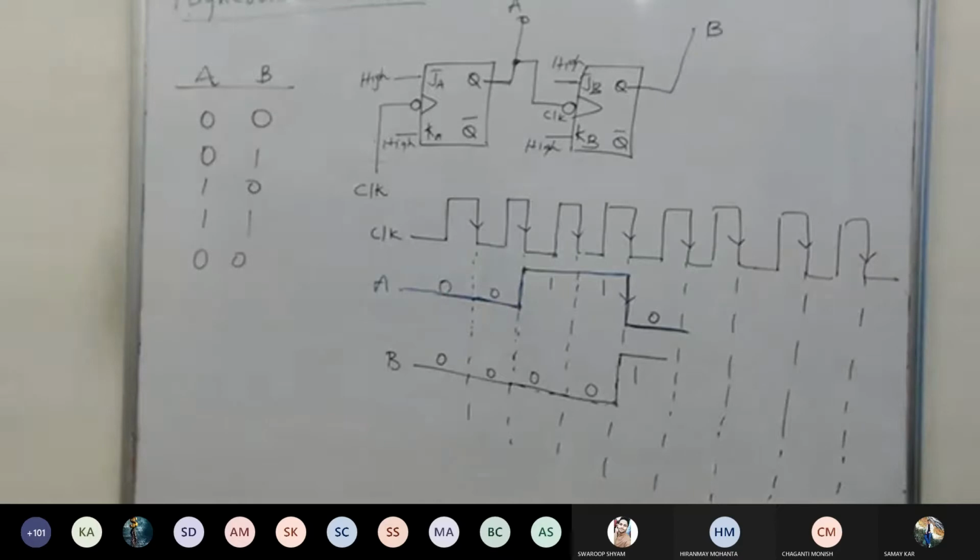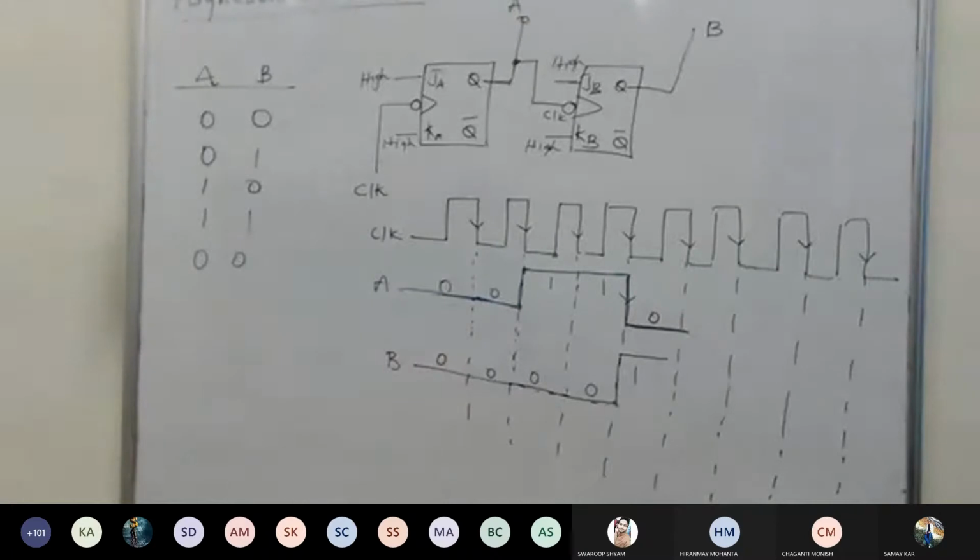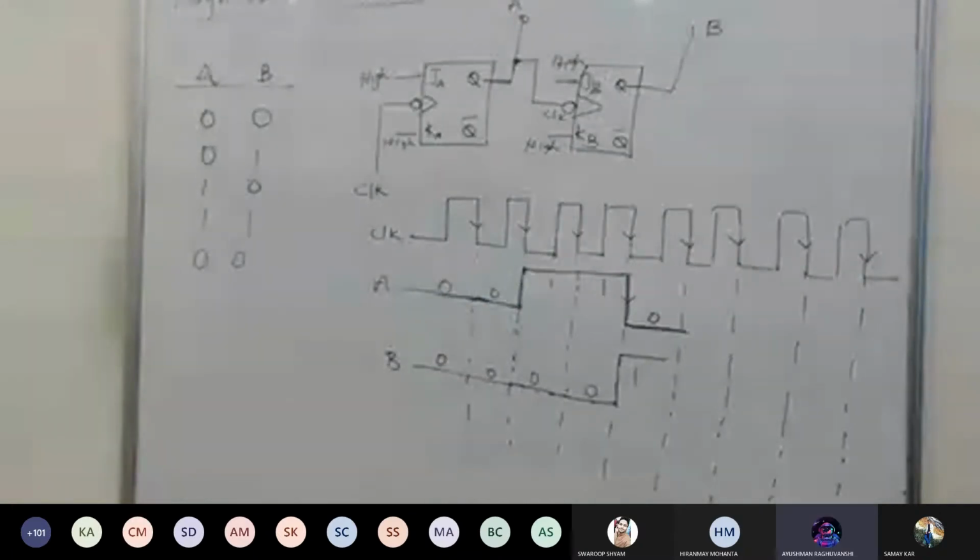So this is what you know. Anybody try? Keep trying. Ma'am, what if we give B as clock to A instead of A as clock to B?